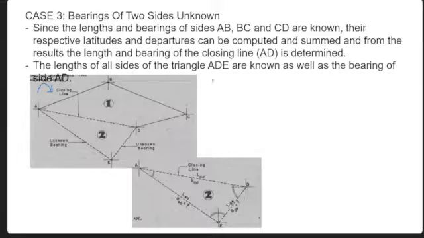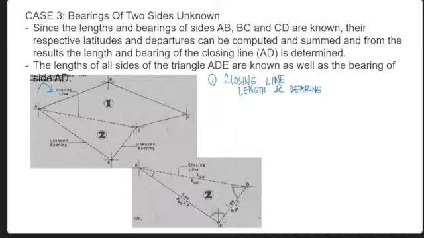So again, ang gagawin is, ulit-ulit ako, closing line. Pero wag niyo kakalimutan as we introduce our closing line, kailangan niyo pa ring i-complete or compute yung ating mga latitude and departure, okay? So determine its length and bearing. And we can now proceed on our triangle.